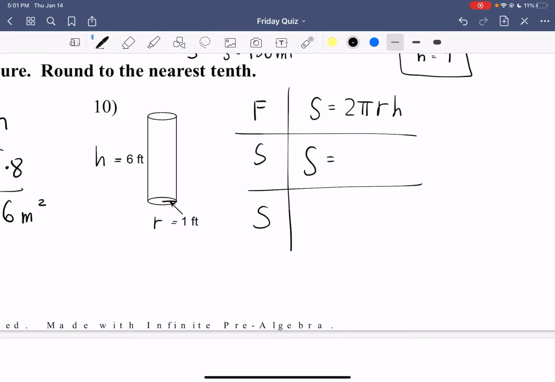So we can substitute those in. 2 times pi times the radius is 1 times the height is 6. So 2 times pi, 6.28, times 1 times 6. So that lands us at the answer 37.69, which would round to 37.7 feet.